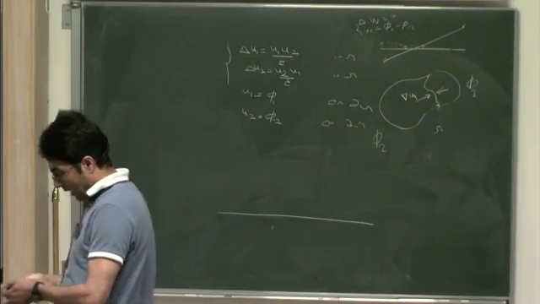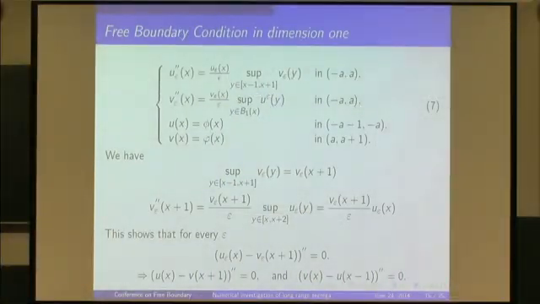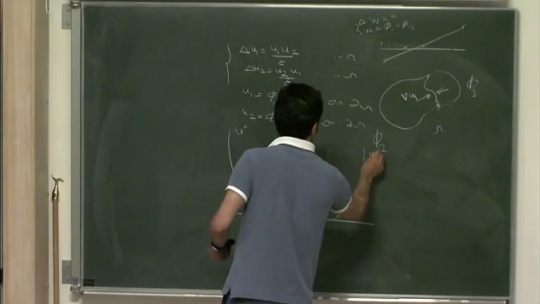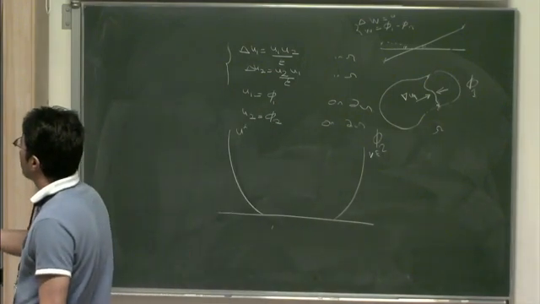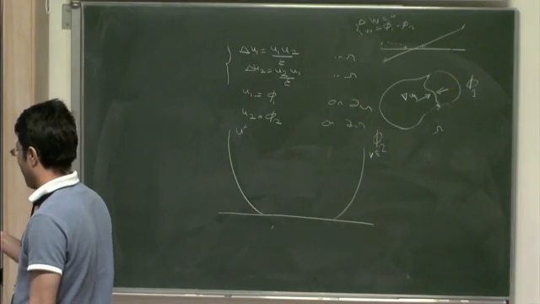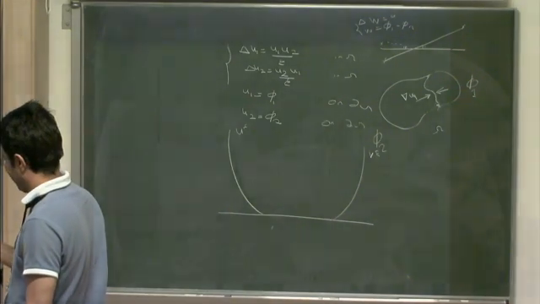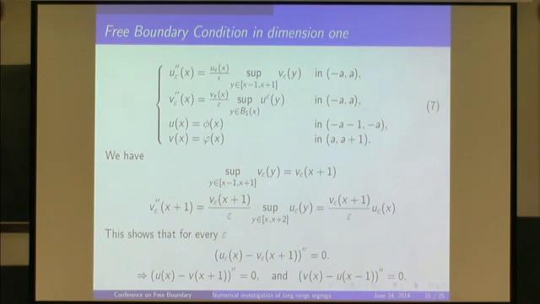But what happens here is, if I look at the supremum of v epsilon in this ball, the supremum is attained at the point x plus 1.